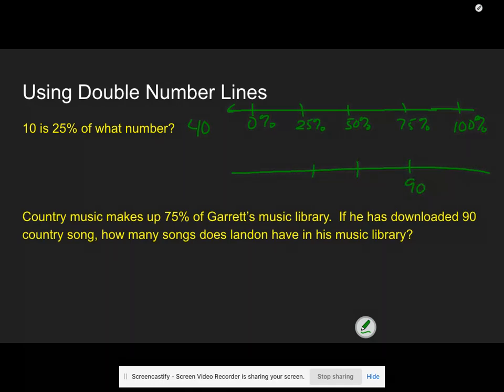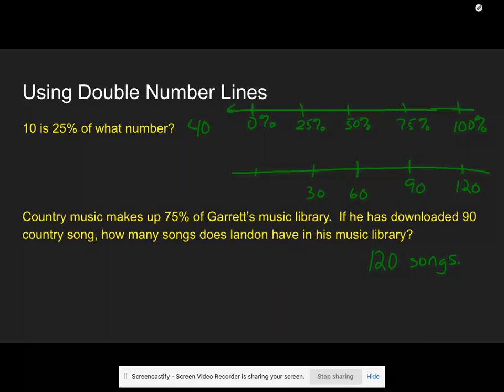So then I would want to try and figure out, well, to get down to 0, if I divided by 3. So I could go 30, 60, 90. So I'm increasing by 30 each time. So if I'm increasing by 30, 120 is what matches up with my 100%. So I would know that 120 songs is how many he has in his music library.